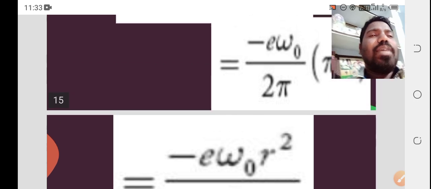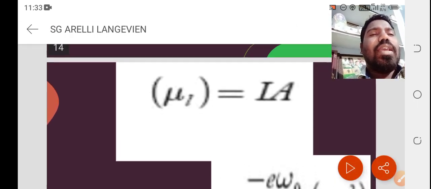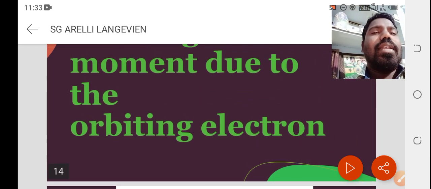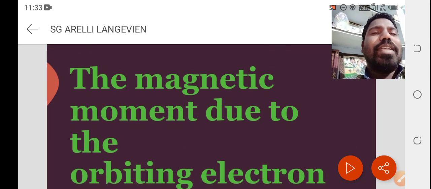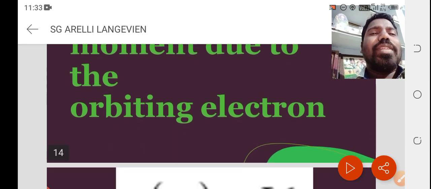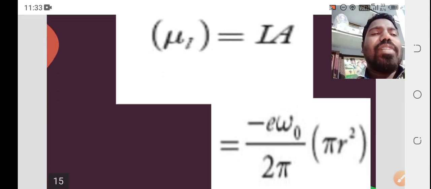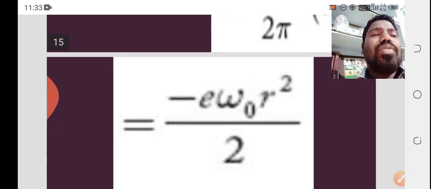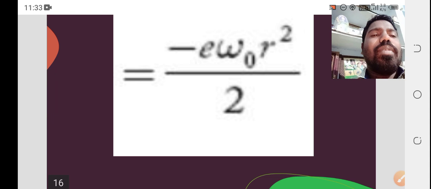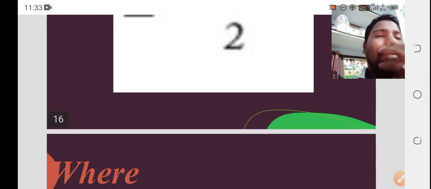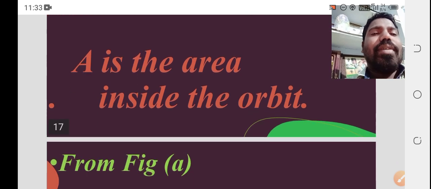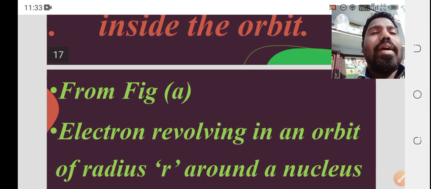This is the magnetic moment value of the orbiting electron. The magnetic moment due to the orbiting electron is mu L equal to minus e into omega naught into r square by 2, where A is the area inside the orbit, which is pi r square.